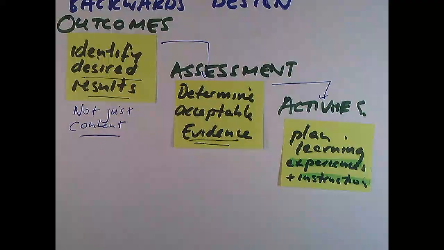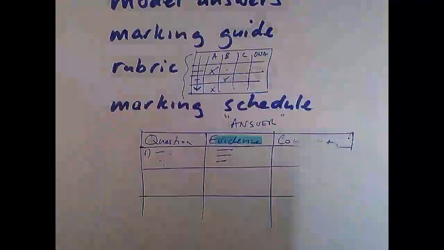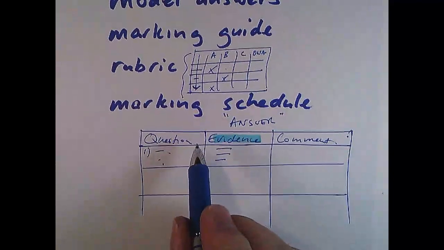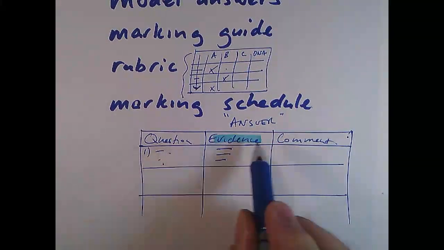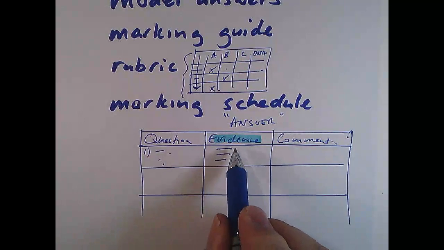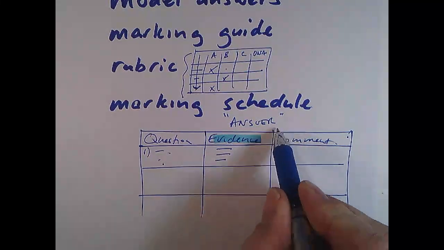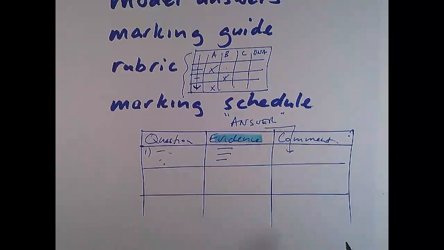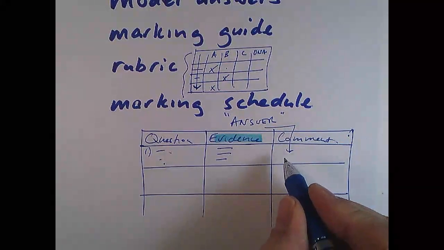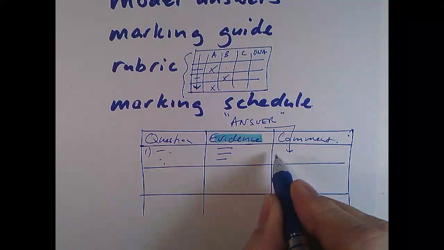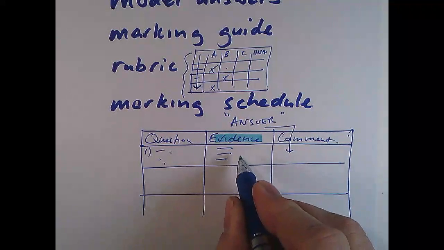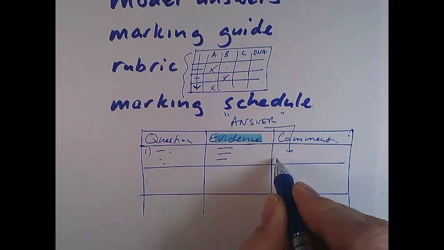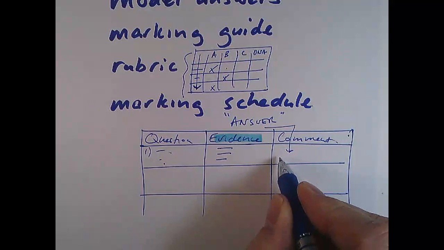In maths, the answer might be 3.2. Then what happens if somebody puts down the answer 3.19? You need to have in your assessment the potential to write little comments that are the more subtle aspects of what evidence is provided, and this helps get some marking consistency across markers.